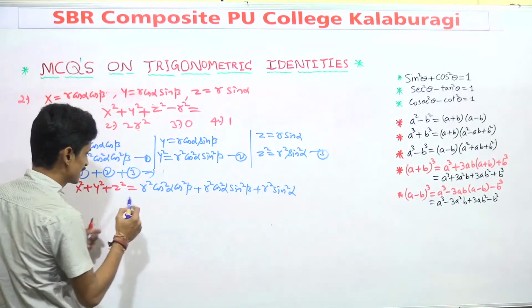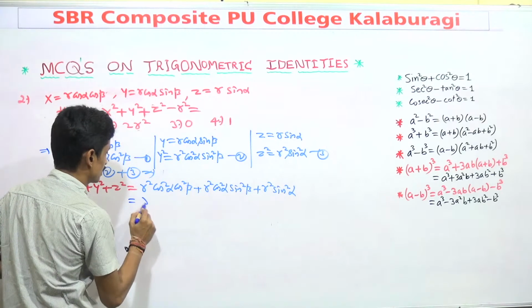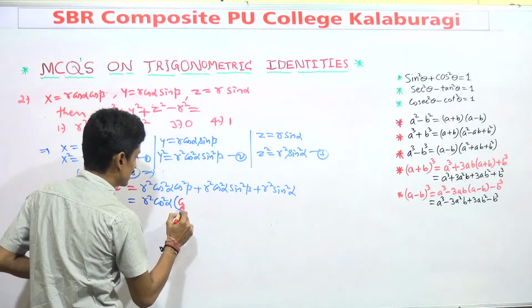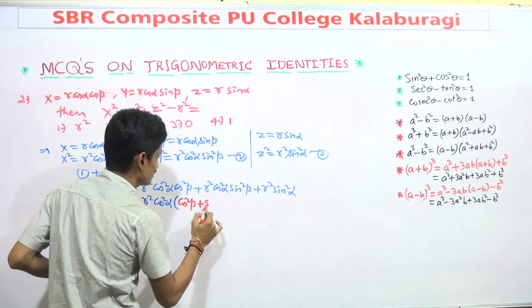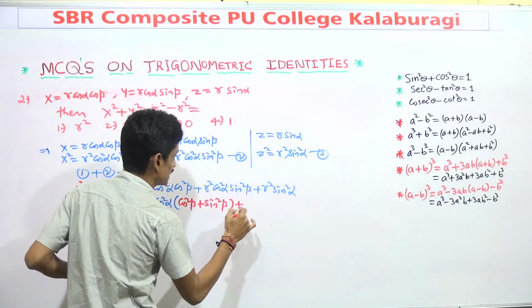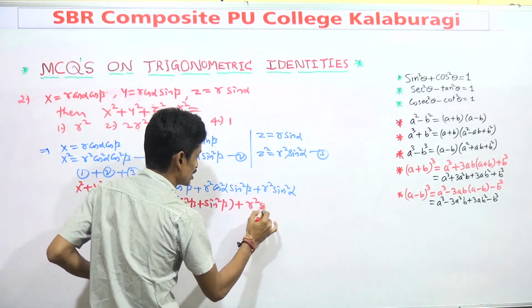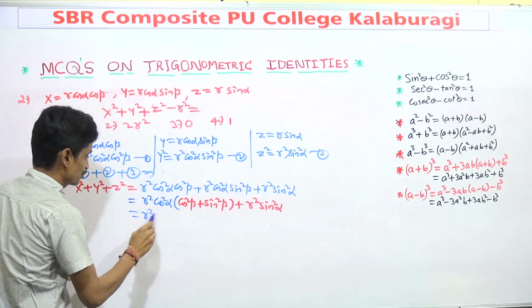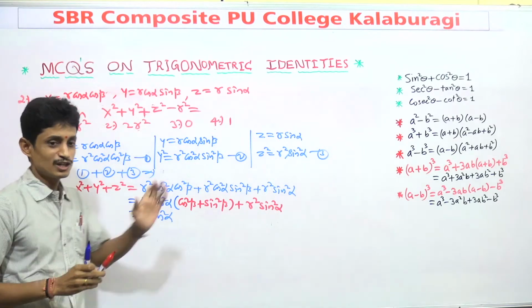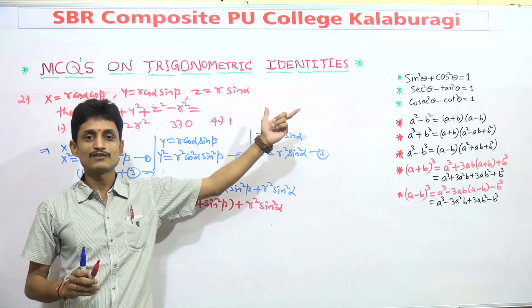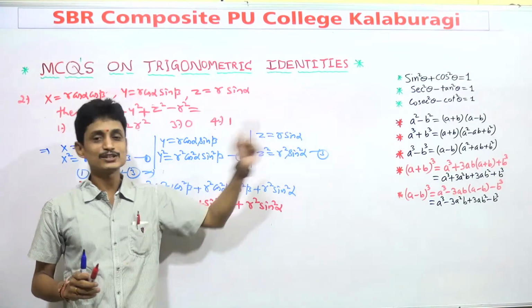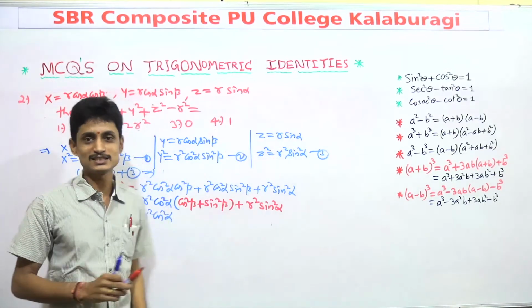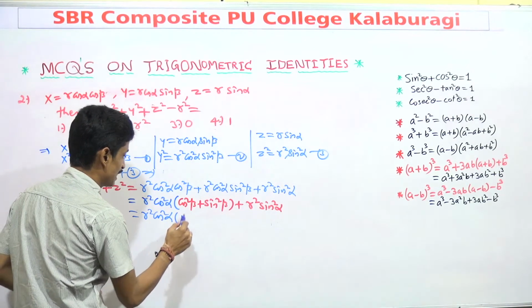Now, I will take common r square cos square alpha. R square cos square alpha taken common, remains cos square beta plus sin square beta. This term keep as it is, that is r square sin square alpha. Now r square cos square alpha I will write as it is. Dears, you know that cos square beta plus sin square beta, hence the value is 1. So this value becomes 1.